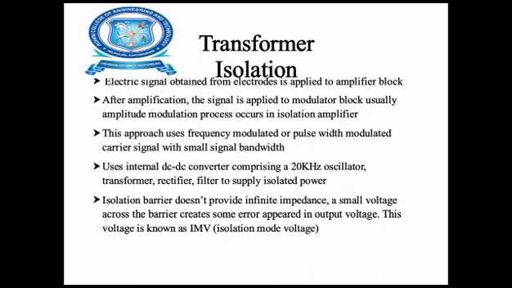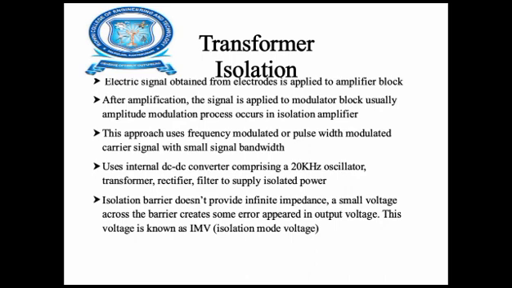This approach uses a frequency modulated or pulse width modulated carrier signal with a small signal bandwidth. It uses an internal DC to DC converter comprising a 20 kHz oscillator, transformer, receiver and filter to supply isolator power.